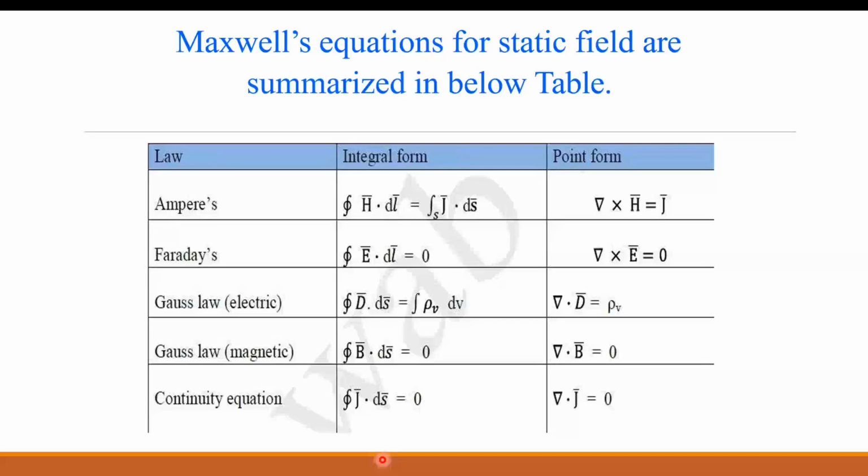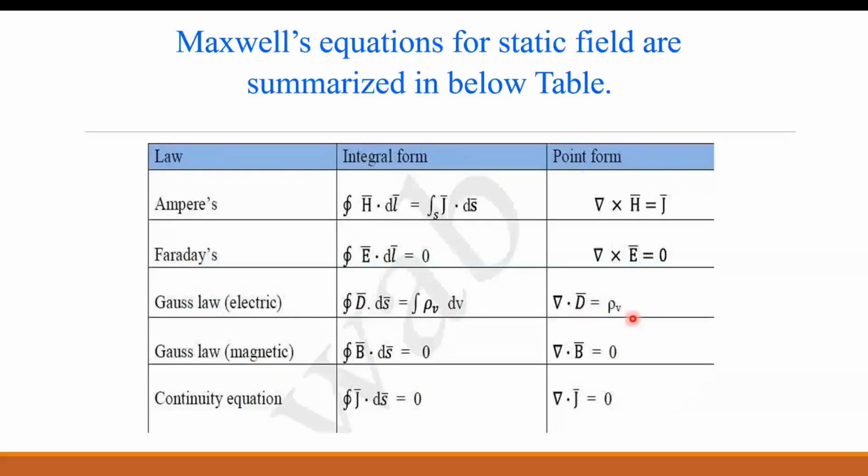Line integration is equal to surface integration, and if it is reduced, then we can write del cross H is equal to J. From Faraday's law we can write closed integration of E bar dot dl bar is equal to 0, and its point form is del cross E is equal to 0. Third, Gauss law for electric field, D ds is equal to rho v dv, and the point form is del dot D bar is equal to rho v.